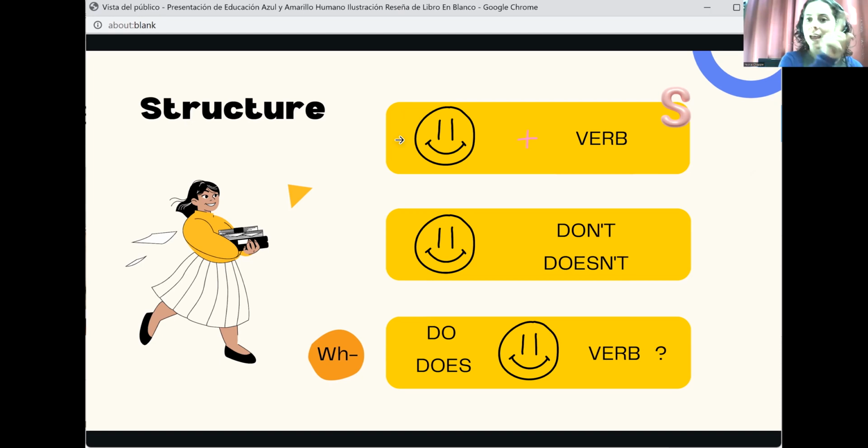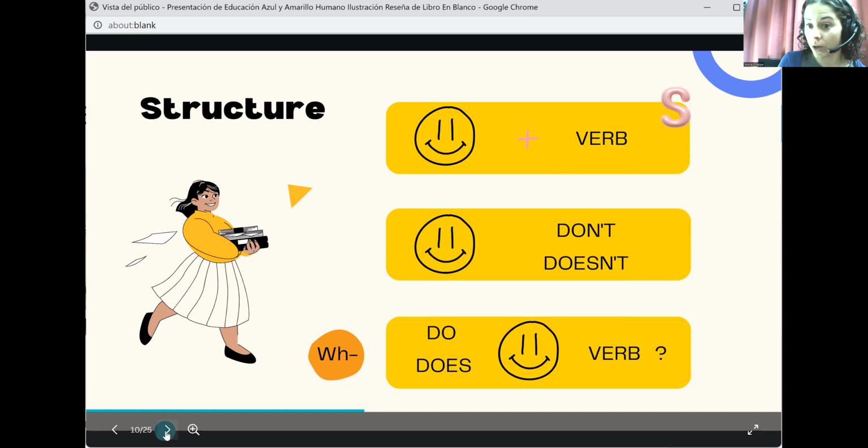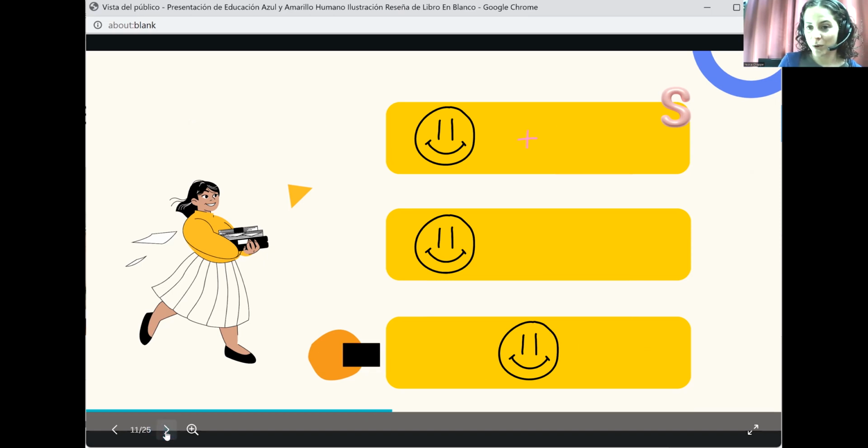Habit, routine, states, S. Because once you study it, you remember, okay, supuesto, si nunca estudié, no sé qué es la S. But if you studied the verb, you will say, okay, S. He, she, it, S, doesn't, does. Yes, so try to simplify it. That's going to work. I promise it's going to work.